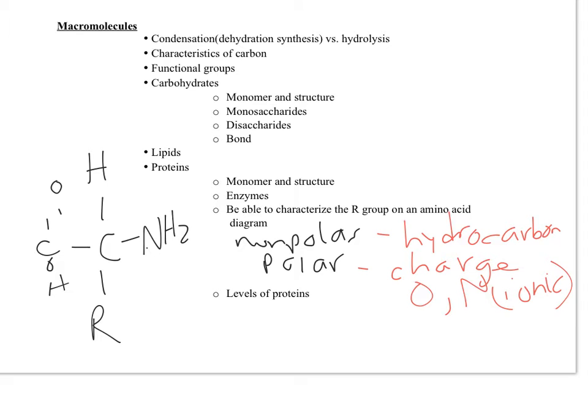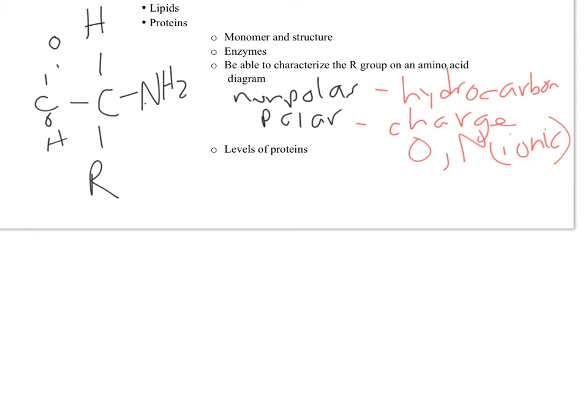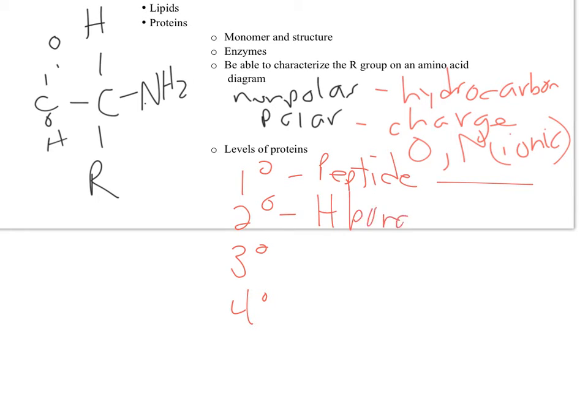The next thing are the levels of proteins. There are 4 levels of proteins. Let me move this up. You have primary, secondary, tertiary, and quaternary. For primary, remember, that's just the peptide bonds. It's a linear sequence of the amino acids. Your secondary is due to hydrogen bonds, and that can be alpha helix or beta pleated sheet.